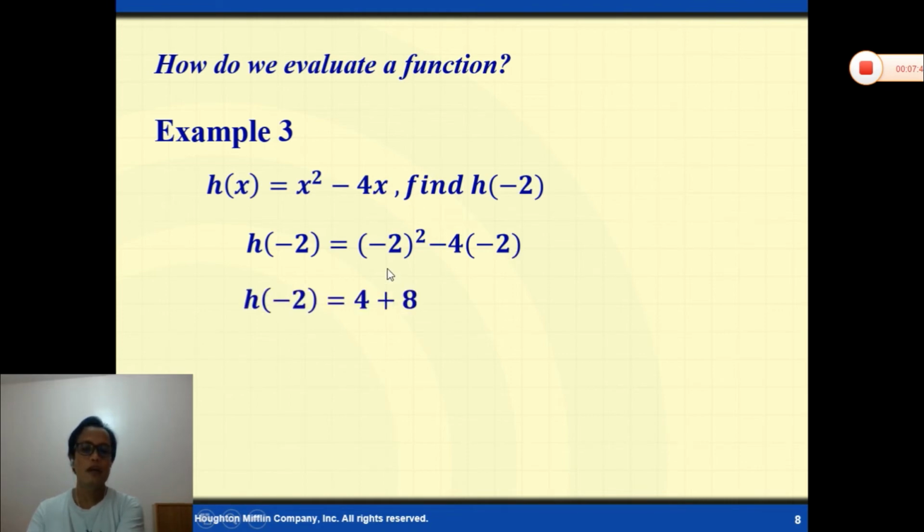To simplify, the square of negative 2 is positive 4. Then negative 4 times negative 2 is positive 8. So therefore, h of negative 2 is equal to positive 12. So if the domain is negative 2 for this function, the range should be positive 12.